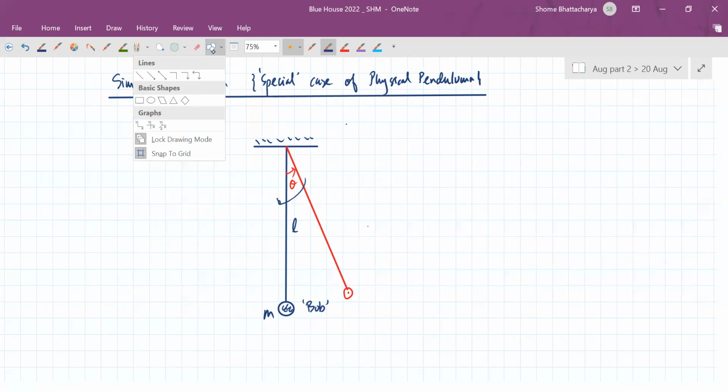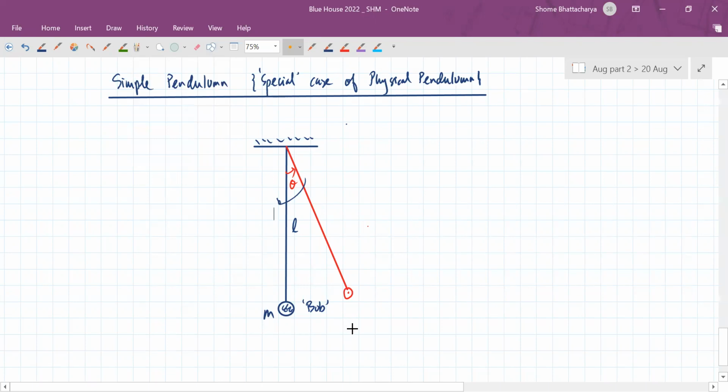One is we can directly apply the formula for physical pendulum, treating this like a special case of a rigid body that consists of a single particle alone. So that would be one approach. The other would be a more derivational kind of approach, where since it's a particle, it's actually doing circular motion.